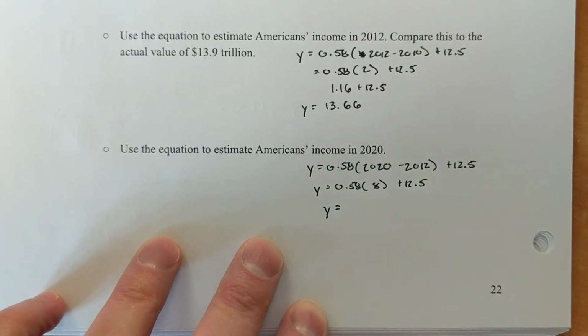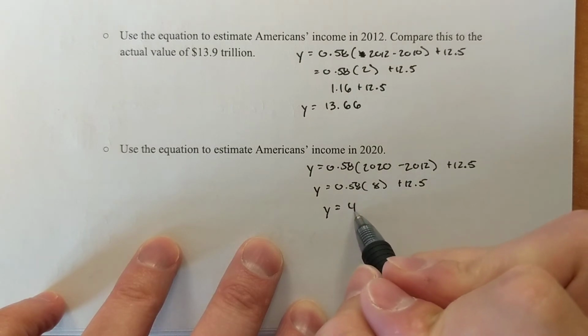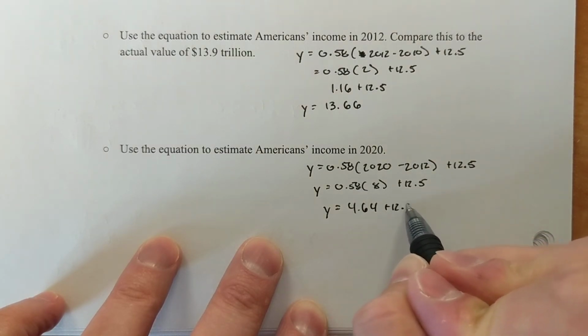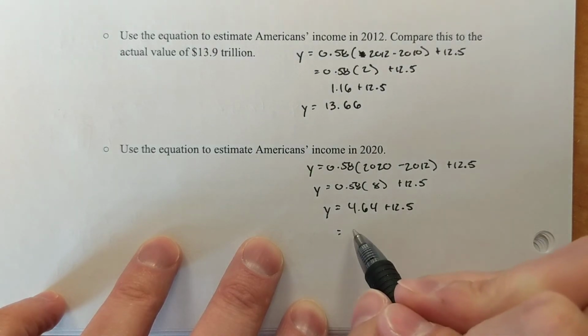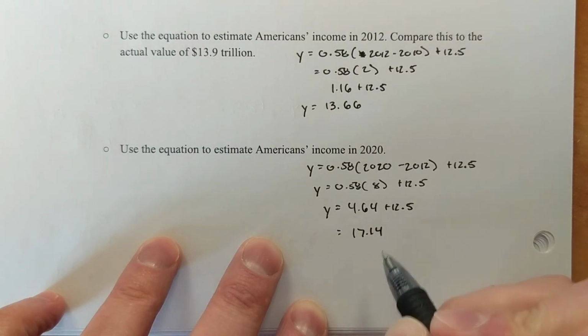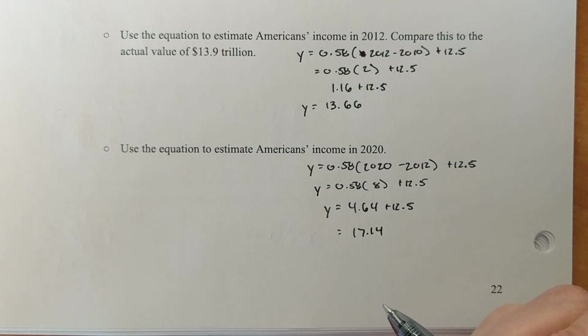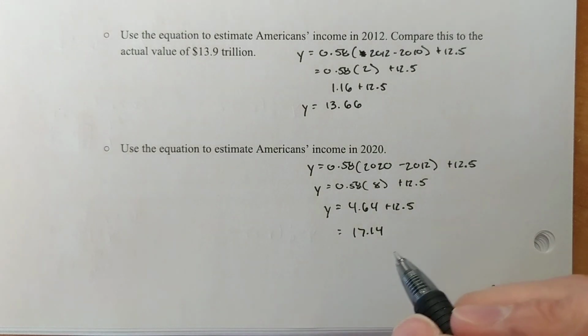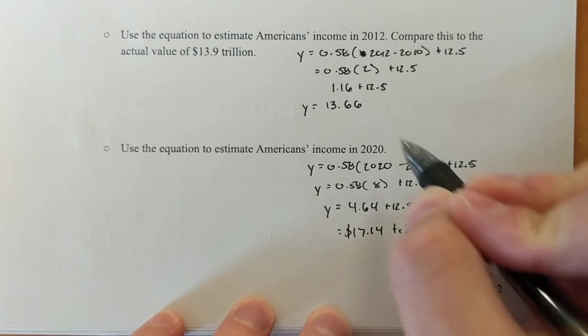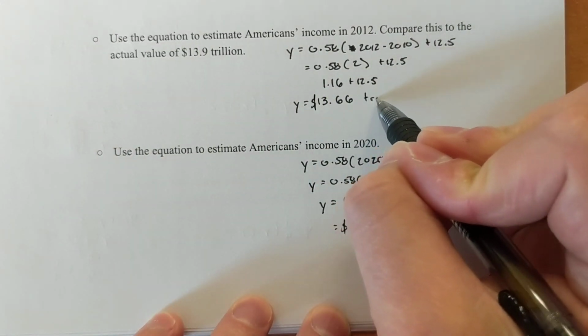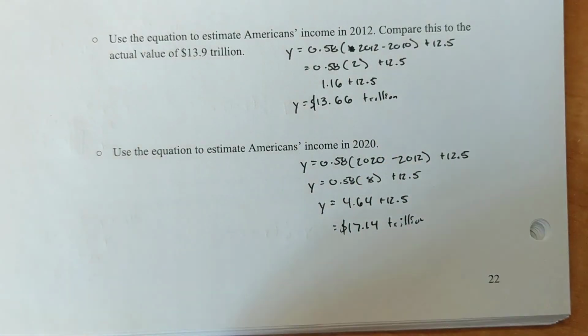So 0.58 times 8 is 4.64 plus 12.5, and then do the addition. 17.14. So in 2020, America's income will be 17.14 trillion dollars. Put my units on here. I believe that is the end of the section.